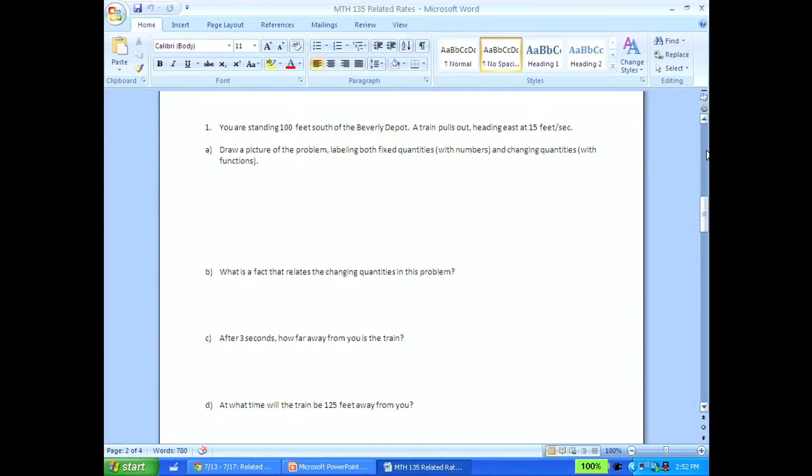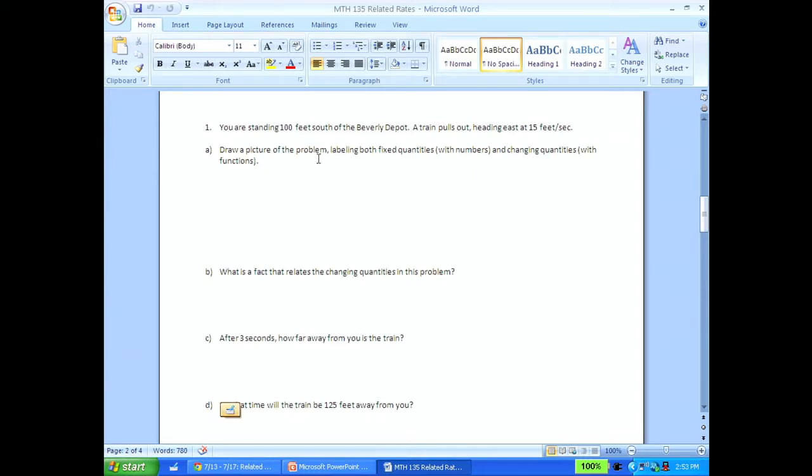Okay, so it's a pretty simple setup, right? I'm in this problem, and I'm 100 feet south of the depot, and a train is leaving the depot going east at 15 feet per second. So that should generate some sort of a mental image.